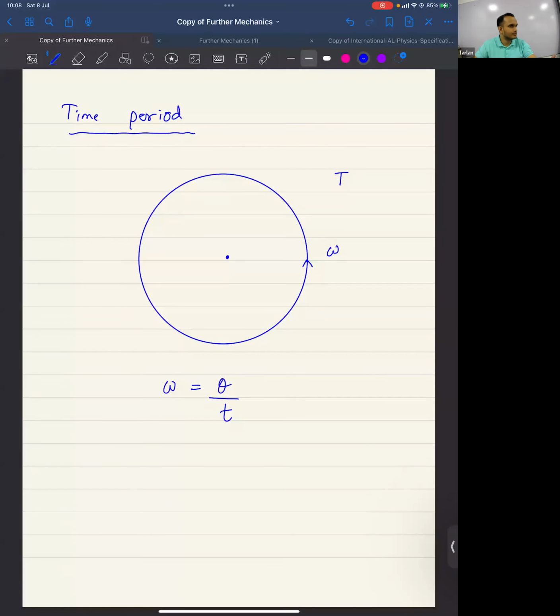Two pi radians. So omega will be equal to 2 pi over the time taken, capital T. Okay. So the time period T will be given by 2 pi over omega. Take it down.